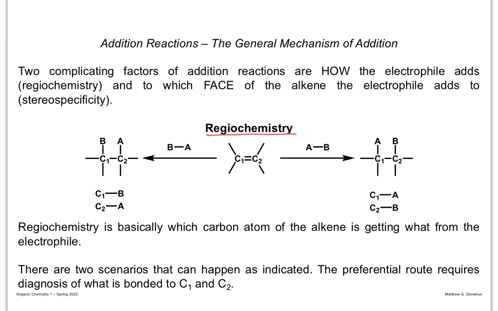And then another complicating factor dealing with stereochemistry is the face of the alkene. So as you're looking at the alkene on the board there, you have this face, like if you were going to throw a ball at that alkene, it would hit the face presented to you.